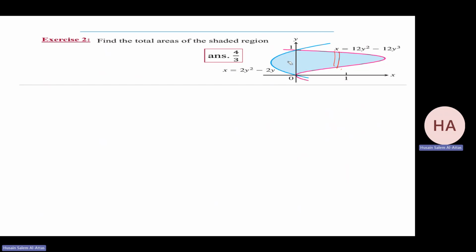That will make it very complicated. However, if I'm dealing in terms of y, whether I do the strip here or here, I am always getting the one to the right minus the one to the left. I think this is the one to the right. Call it x1, this is x2. I just need to find what these are.